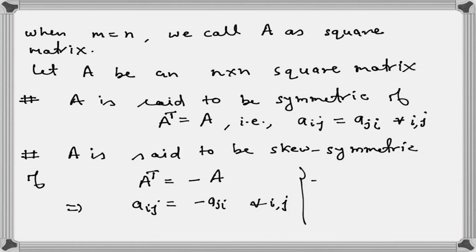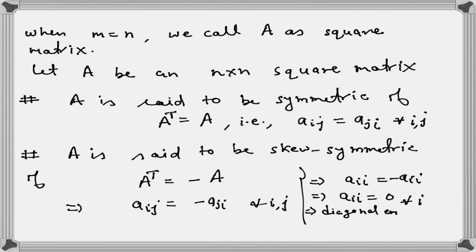This implies Aii is equal to minus Aii, which implies Aii equals 0 for all i. So the diagonal entries are 0. So for any skew symmetric matrix, all the diagonal entries are 0.